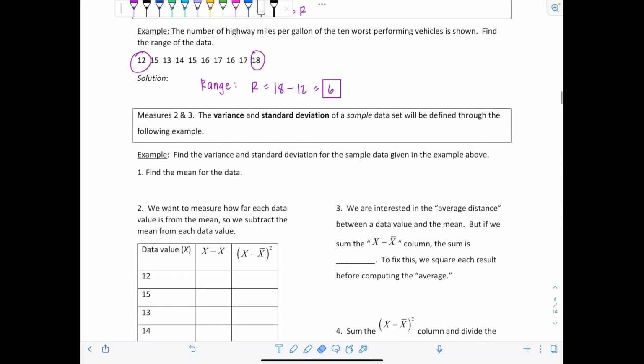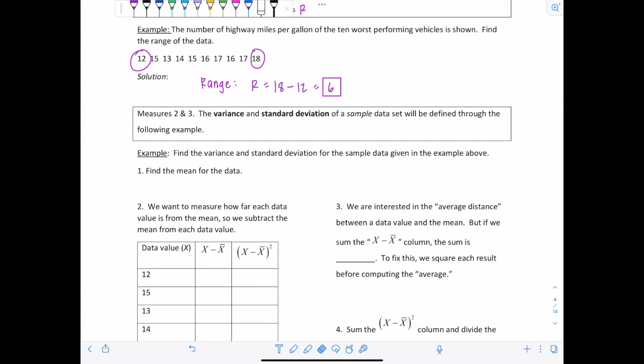The first thing you need to do is find the mean. You have to find the average. So take a minute, get your calculator out. Let's find the mean for the data set. So X bar is going to be 12 plus 15 plus 13 plus, and so on, up until 18, divided by 10, since they told me there were 10 vehicles in this set.